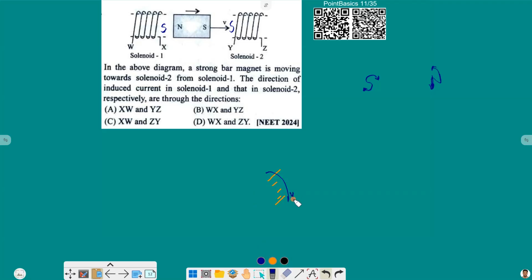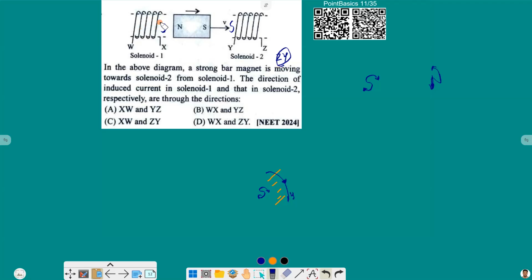This is Y. Now, to produce a south pole here, we know that current should flow like this. Means current should travel towards the Y. And if current is traveling towards the Y, means it is traveling from the Z towards the Y. So in solenoid 2, current will be traveling from Z towards Y.